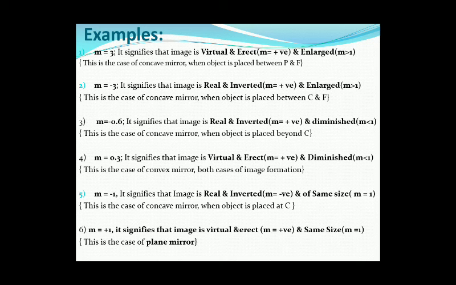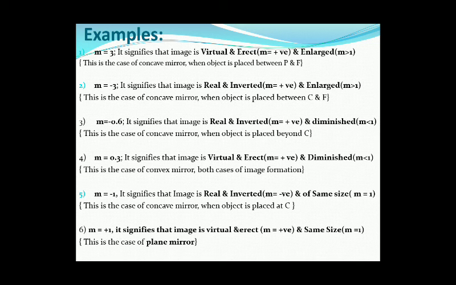When the object is placed between C and F. So the image is formed beyond C. Third example, if m equals minus 0.6, minus means real inverted, 0.6 numeric value means less than 1. Real, inverted, diminished. In which case, just think about it. When the object is placed beyond C, the image is formed between C and F.